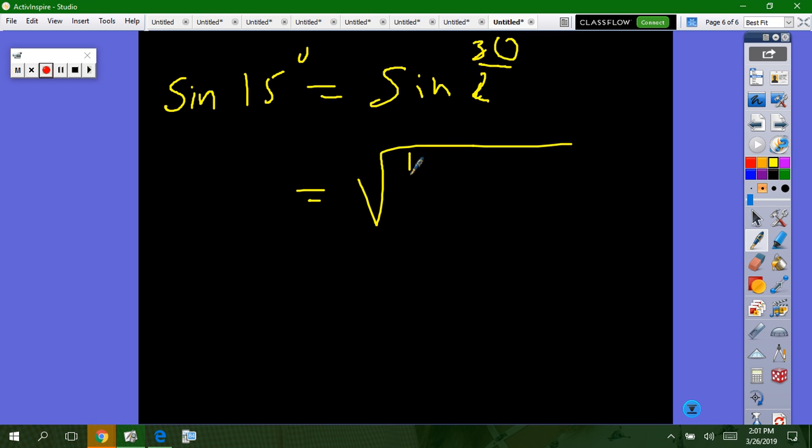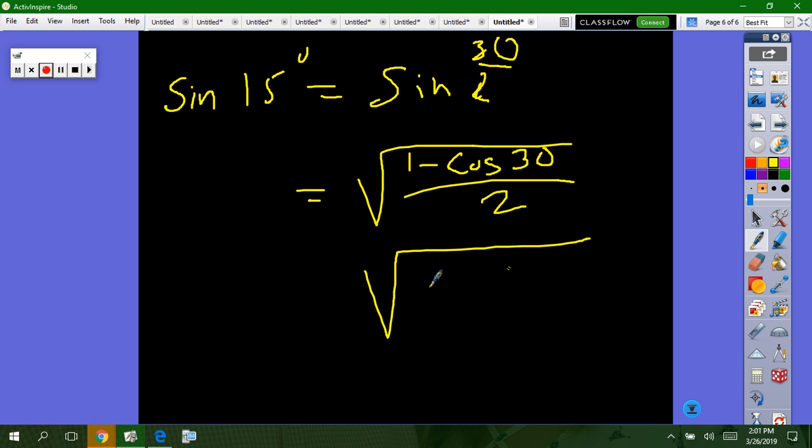Now the formula is the square root of 1 minus the cosine of theta, all over 2. Who's my theta in this case? 30. So that's 1 minus the cosine of 30, which is root 3 over 2, all over 2.